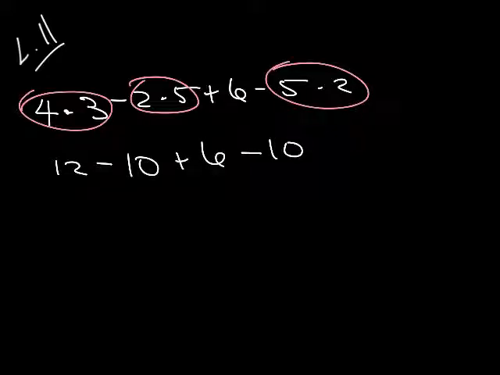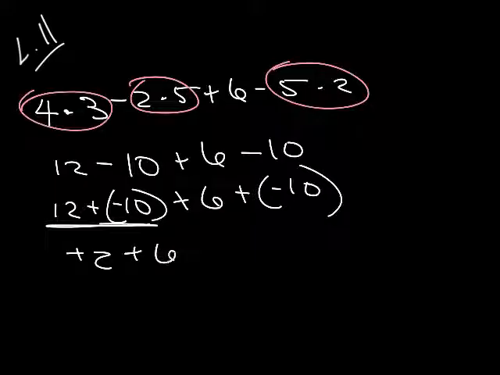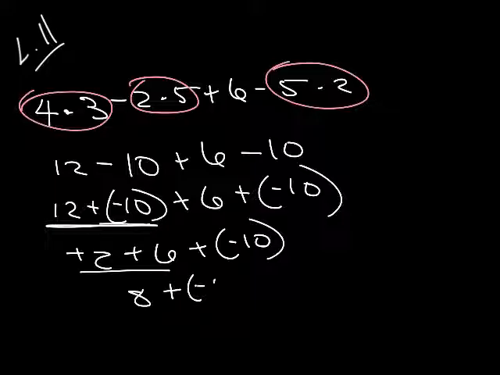Okay, now we're going to change these to pluses, and we have a -10 plus 6 plus -10. Signs are different, take the difference between those two. 2 plus 6 is 8. Signs are different, we're going to take the difference, put the sign of the largest one there, and we get -2.